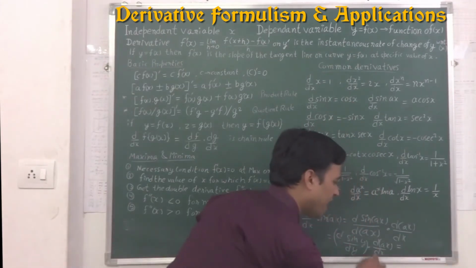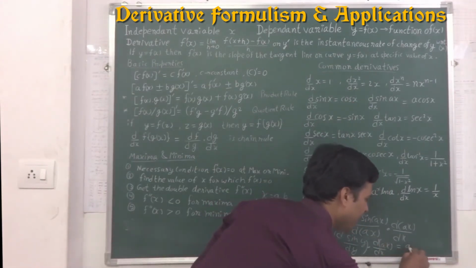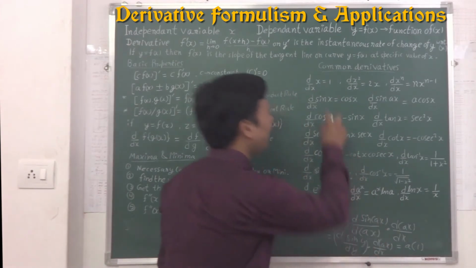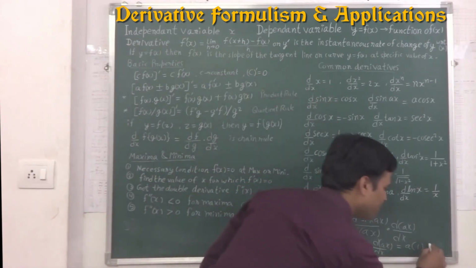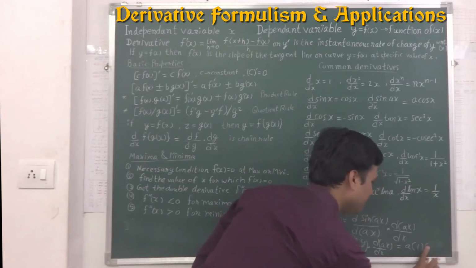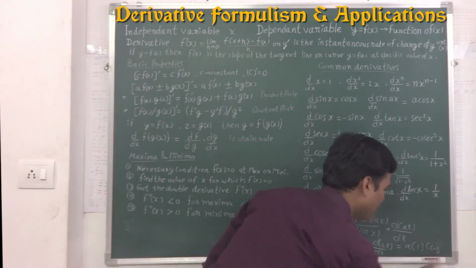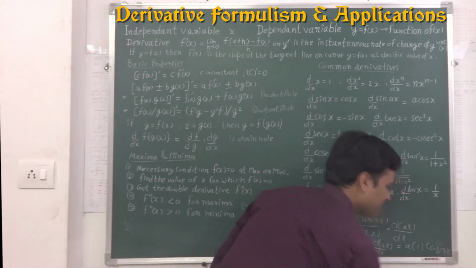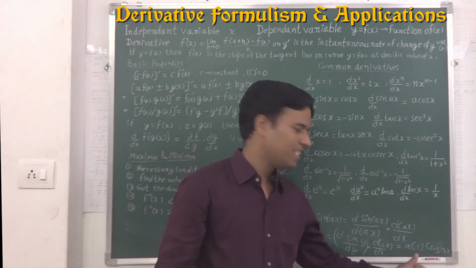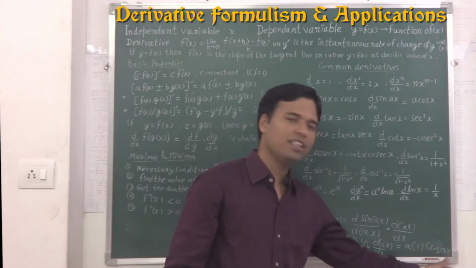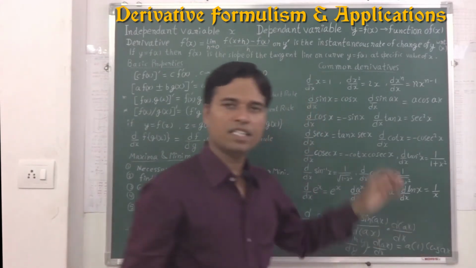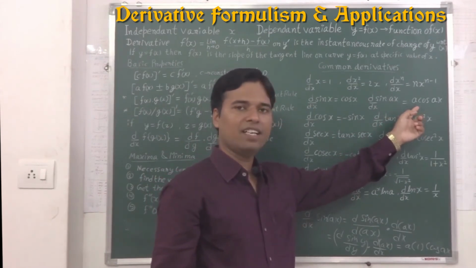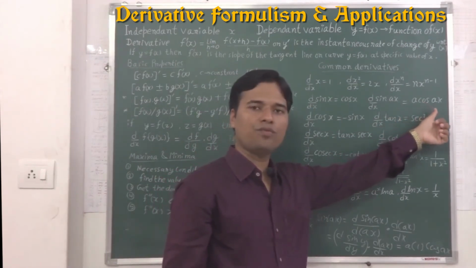The cos y is multiplied with a multiplied with 1, because dx/dx is equal to 1. The y quantity is ax. So finally we get a multiplied with cos(ax). The first derivative of sin(ax) is equal to a cos(ax).